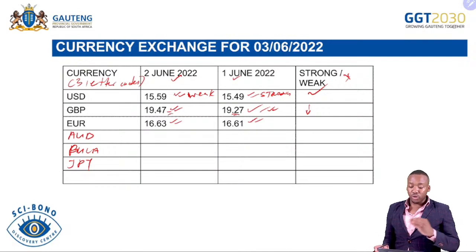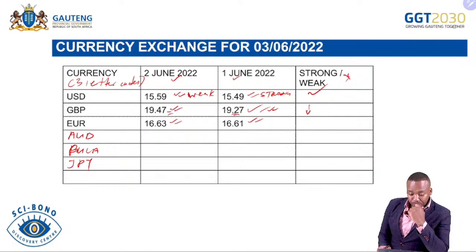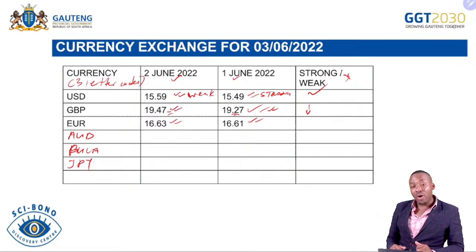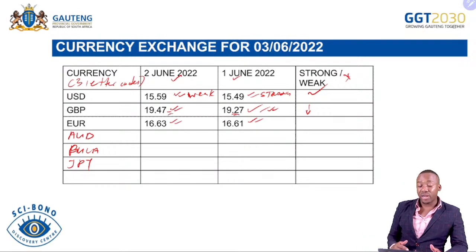Our currency will be doing good, or it will be strong, when we are paying less to buy foreign currency. So each day, remember we said this exchange rate changes second by second. So from an economics point of view and from a tourism point of view, especially when it comes to traveling, you need to know what is going on in terms of the exchange rate and check this time and again.